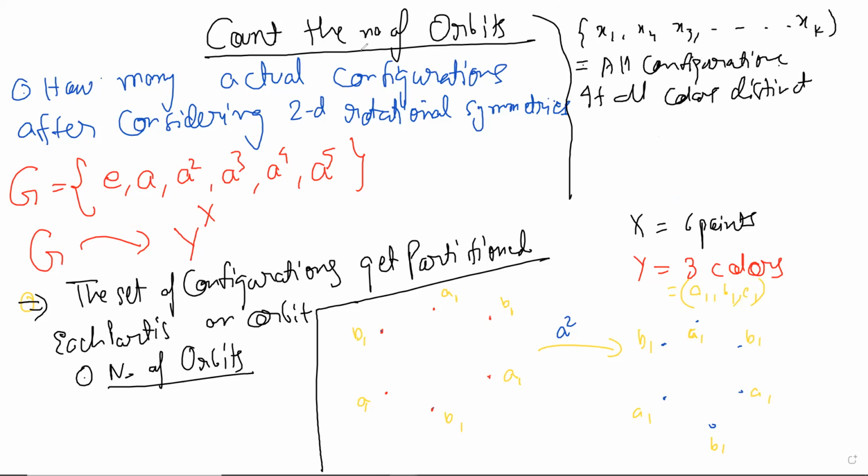Because you have x1, then you apply these 5 other symmetries, you get 5 other things. So these 6 things will form one orbit. The size of the orbit of x1 will be just 6.